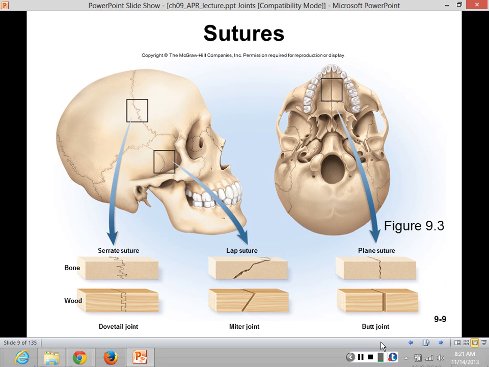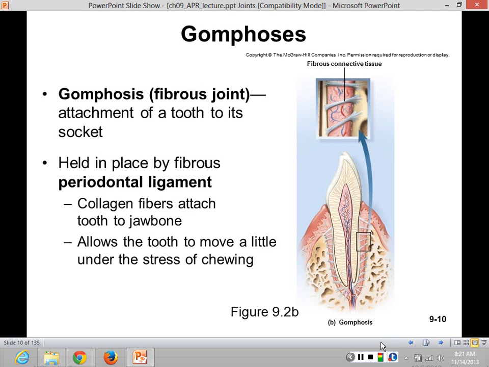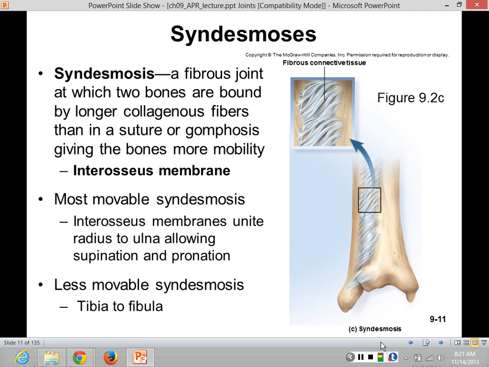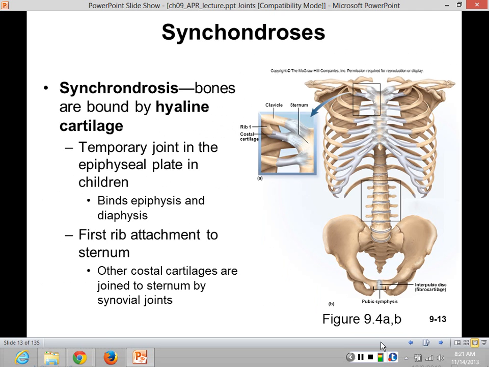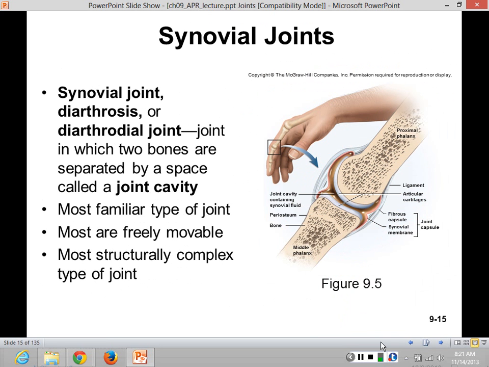Okay? So I think we mentioned all of this right here, the different classifications of your joints. We did go into a little bit about your diarthrotic joint, which of course is the most complex of them all.